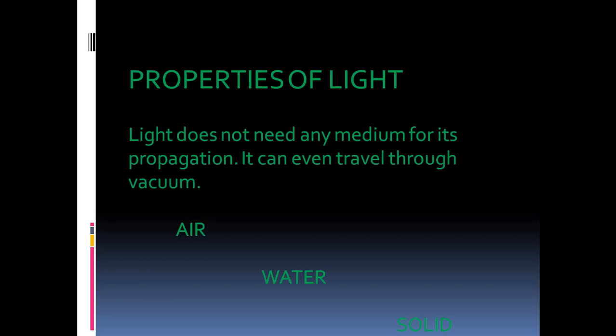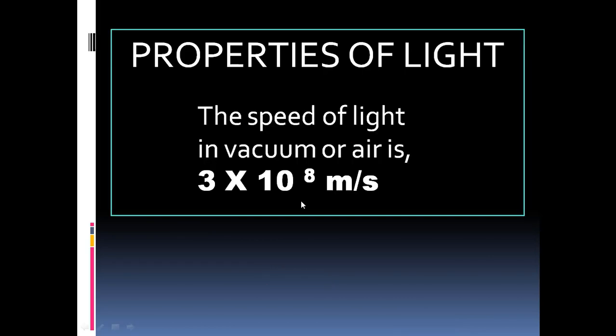Light rays do not need any medium for their propagation. But remember, sound travels only in the presence of a medium. Air, water and solids all act as a medium, but light rays from the sun just reach the earth without any intervening medium, and light can travel through vacuum.